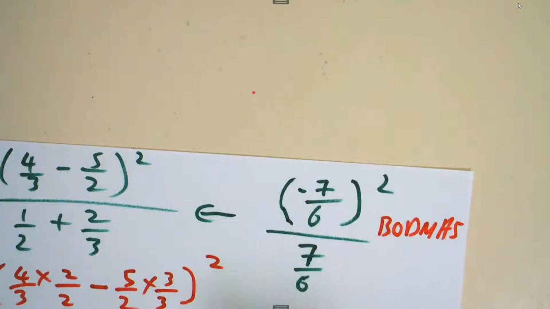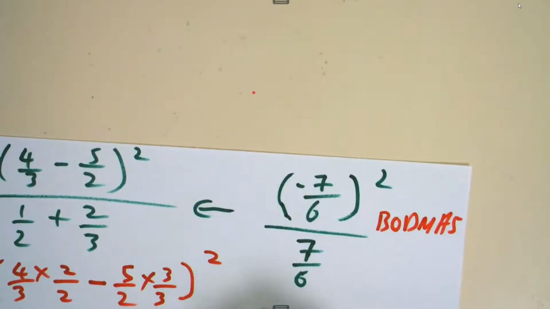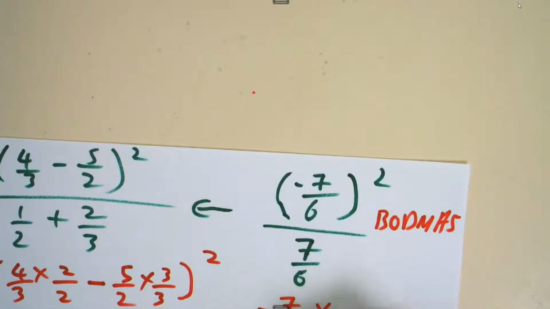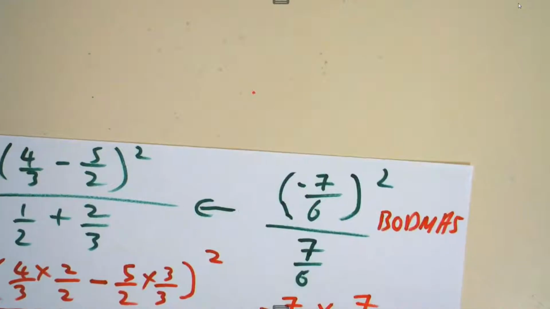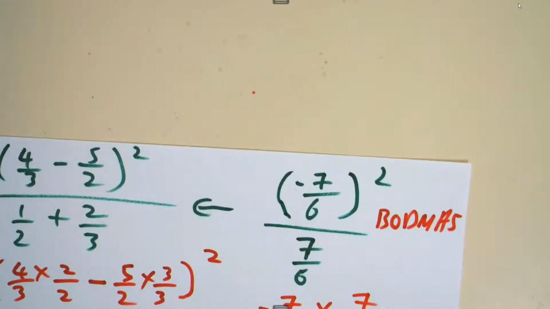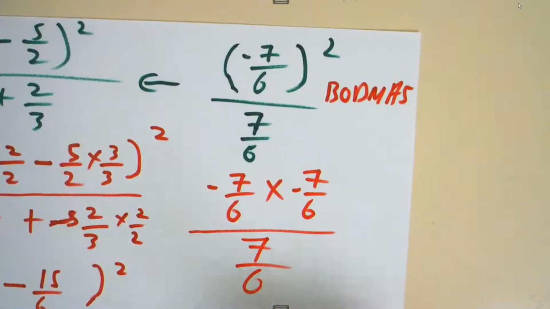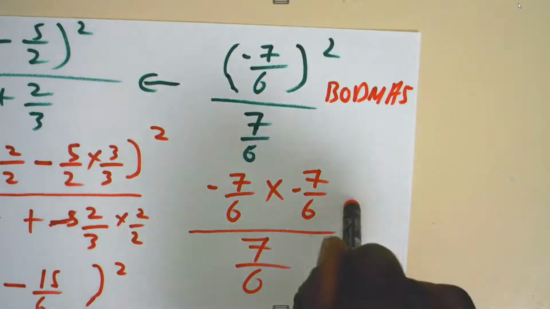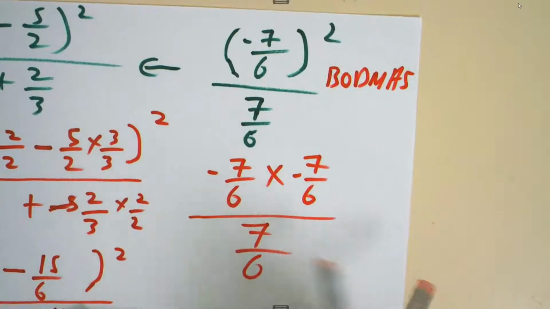Now we remove the bracket: minus 7 over 6 multiplied by minus 7 over 6, everything over 7 over 6.